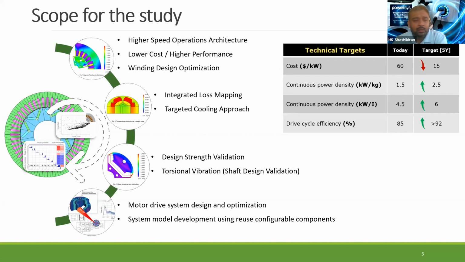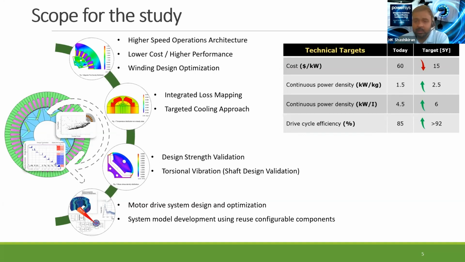And as high speed drives, we also wanted a clear understanding of where we are hitting our structural limitations on the design strength and on the torsional vibrations, and then hook everything up into the drive system for system optimization.